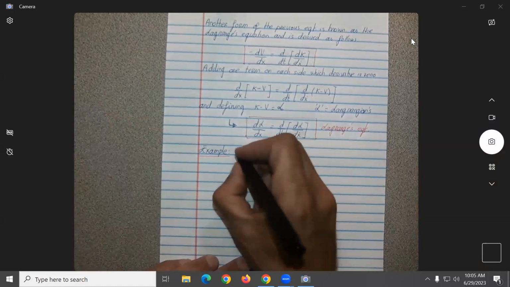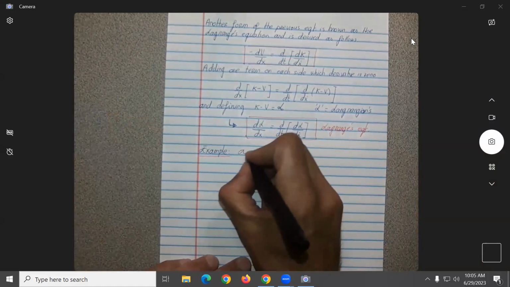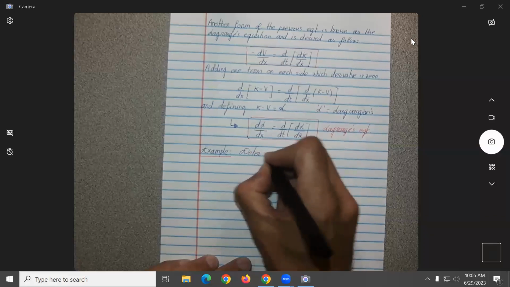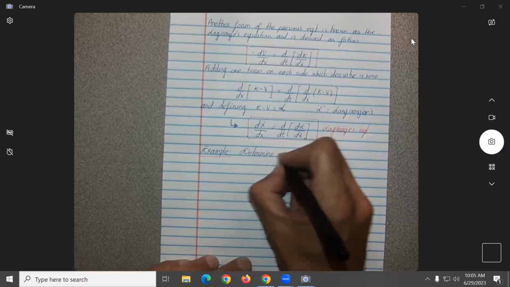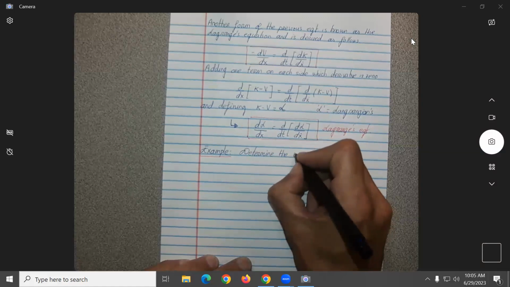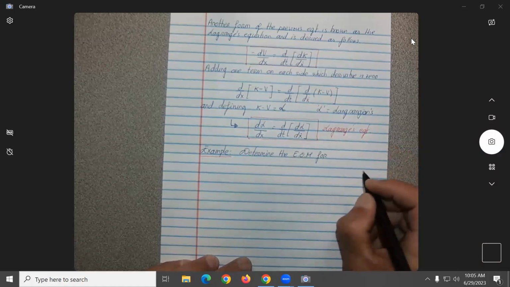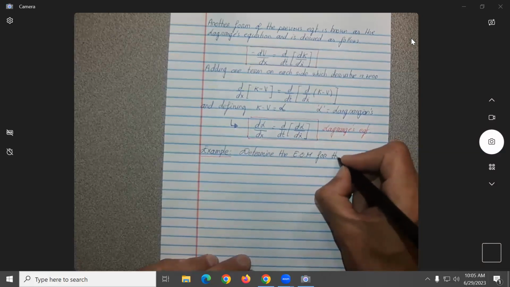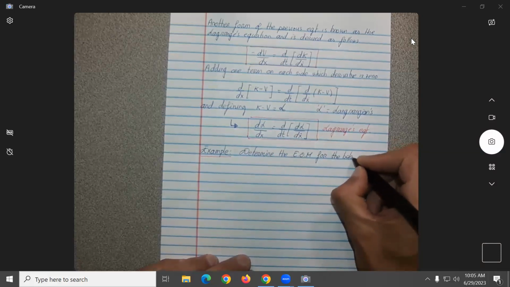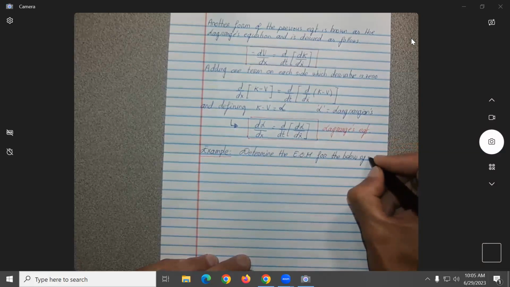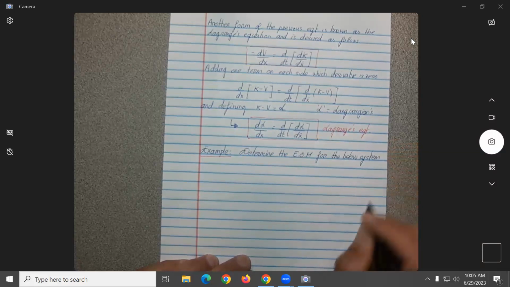So determine the equation of motion for the below system.